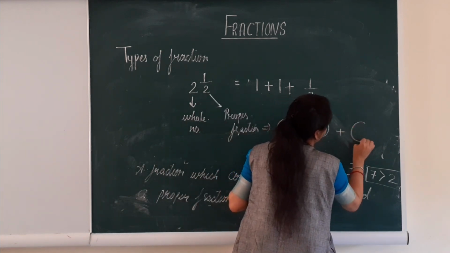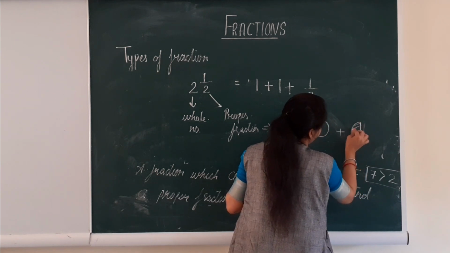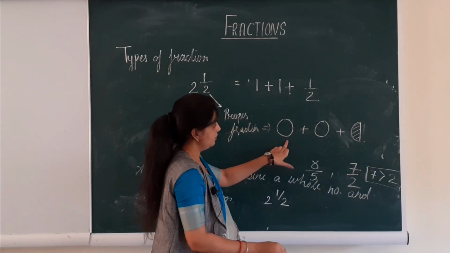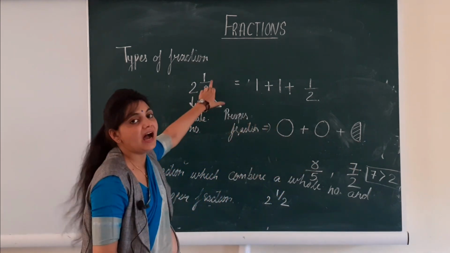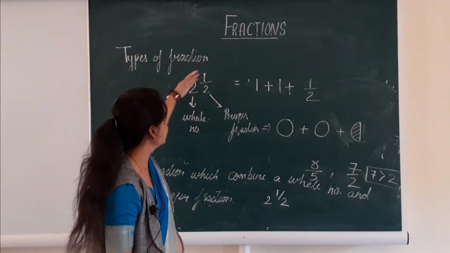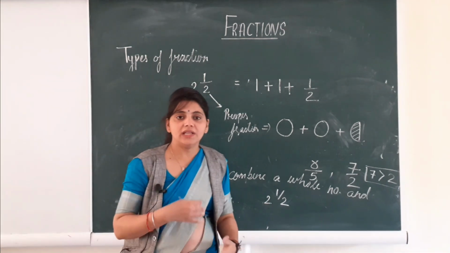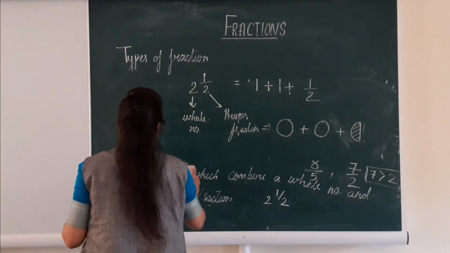Then half of it. We can take half of this circle, only half part. So 1 plus 1 plus half means 2 and a half. 2 whole 1 by 2. This is mixed fraction.